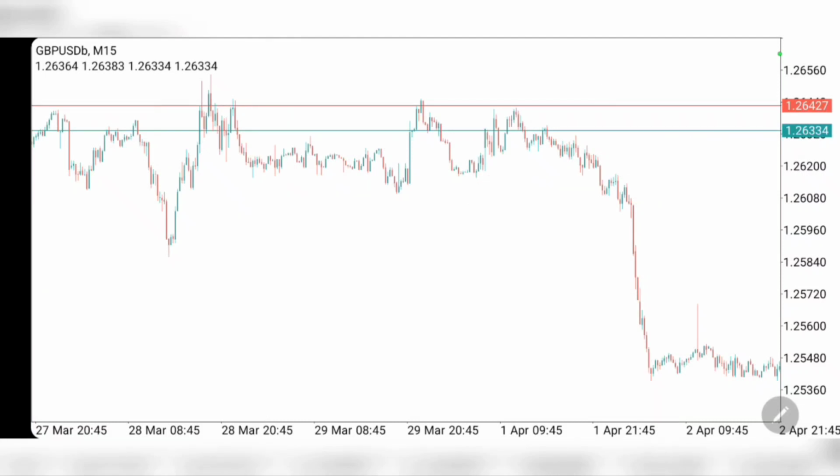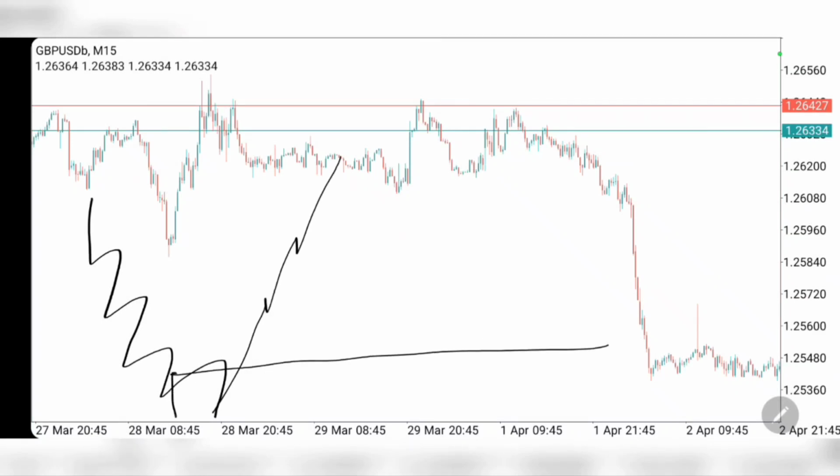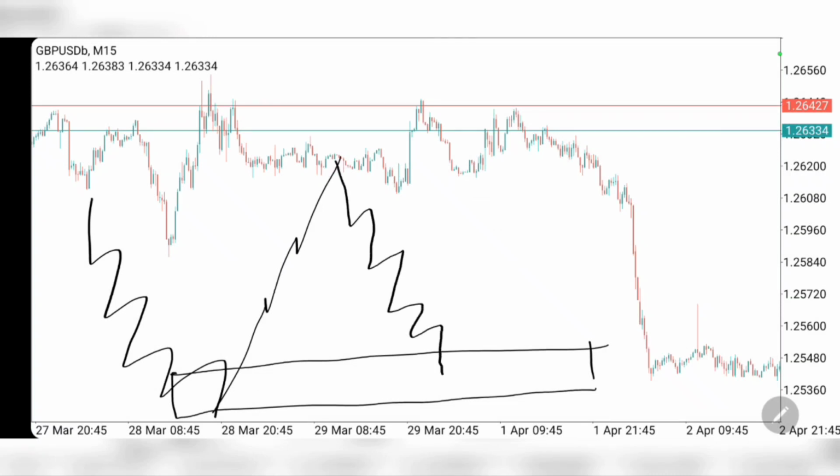For the buy scenario of it, the market gives us a demand zone, and we have this demand zone right here. For the entry, we are looking at getting into the trade when price comes to the zone, but the market gives us a liquidity pool that is being broken before the market comes to activate our entry.